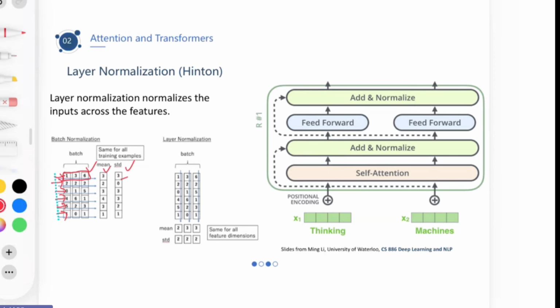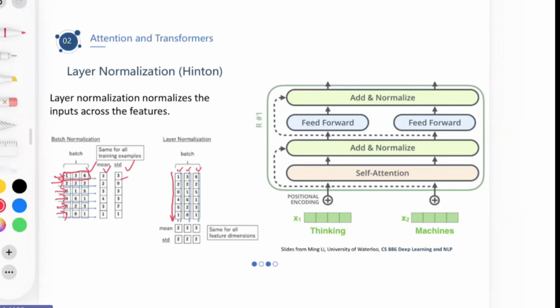Now let's come to layer normalization. In the case of layer normalization, there is one change. What Hinton suggested is that instead of going in a horizontal direction, we should go in a vertical direction. You have three samples, and now we find the mean of each sample separately and the standard deviation of each sample separately.